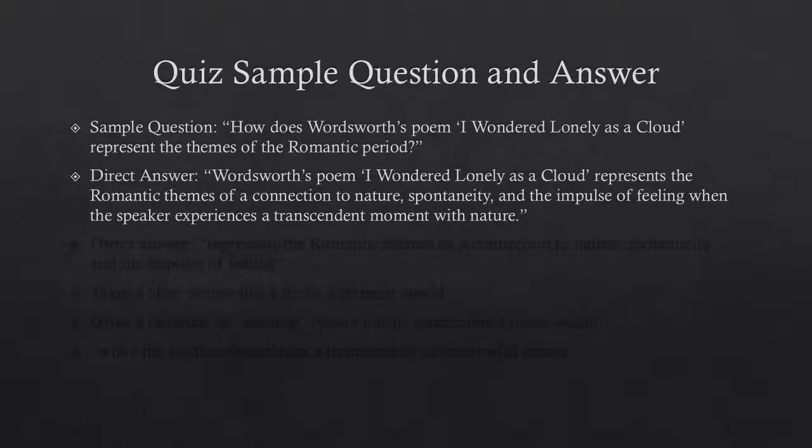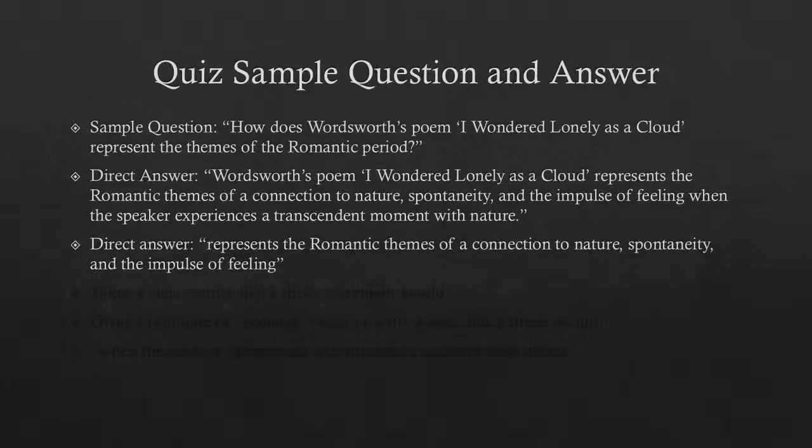So a direct answer would be something along the lines of, Wordsworth's poem, I Wandered Lonely as a Cloud, represents the romantic themes of a connection to nature, spontaneity, and the impulse of feeling when the speaker experiences a transcendent moment with nature. So I have a direct answer. I list 3 themes here that come straight from the textbook's introduction to Romanticism.